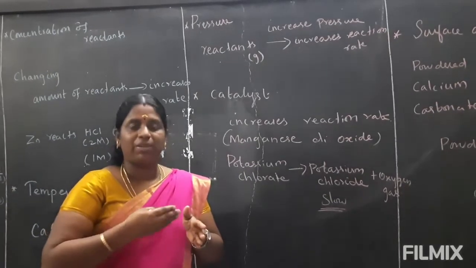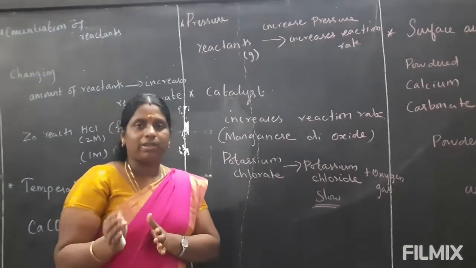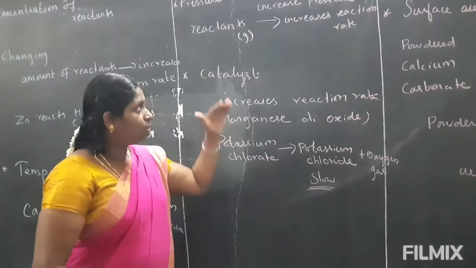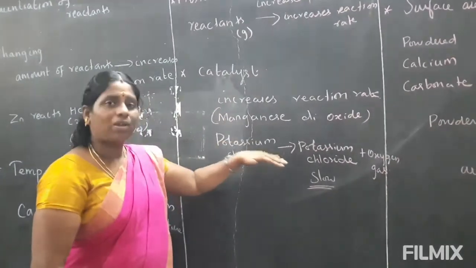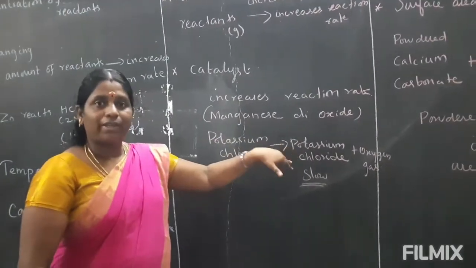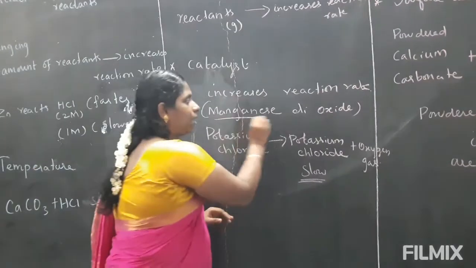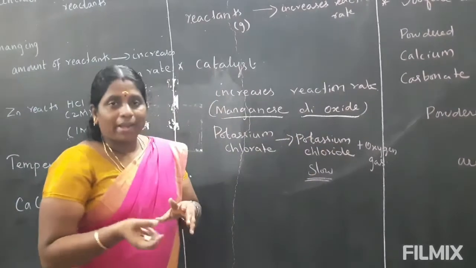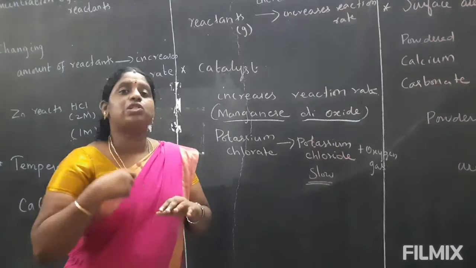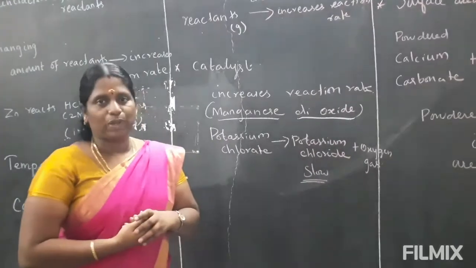The speed will be increased, so the product will be obtained in time. Here the catalyst we are using is manganese dioxide. So manganese dioxide is a catalyst which speeds up the chemical reaction.